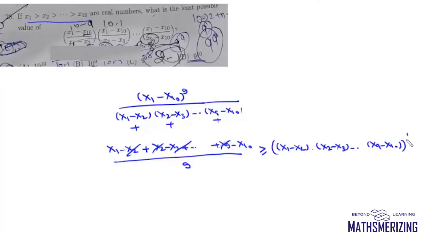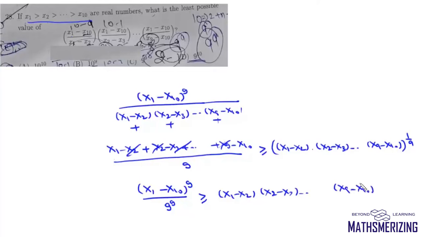If we take the 9th power, then we can write (x1 minus x10) to the power 9 upon 9 to the power 9 is greater than or equal to (x1 minus x2) into (x2 minus x3) up to (x9 minus x10). Now we rearrange this, and the expression will always be greater than or equal to 9 to the power 9. So the least possible value is 9 to the power 9, and that's your option C.